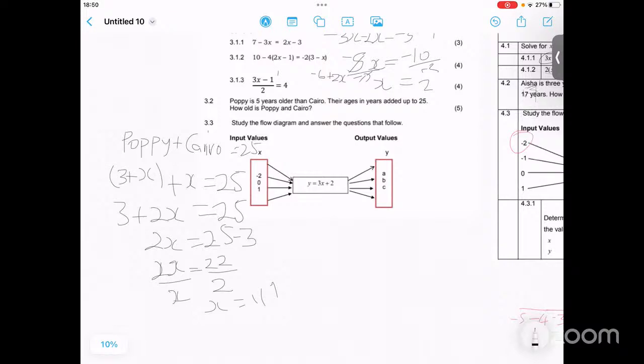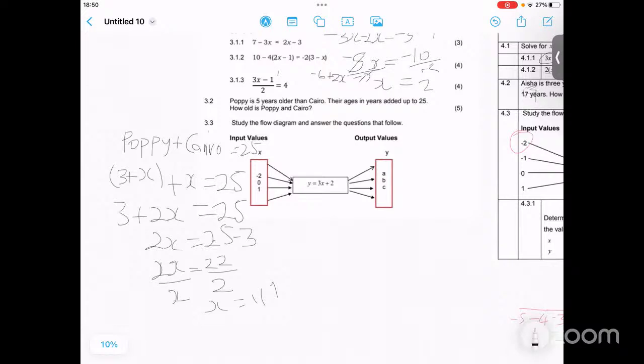That's Cairo's age. And if we plus 5, I think we're going to get, no wait, that's what I got. Sorry, ma'am. You can continue, Zira.